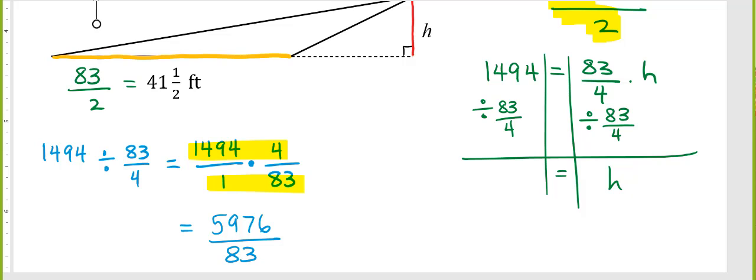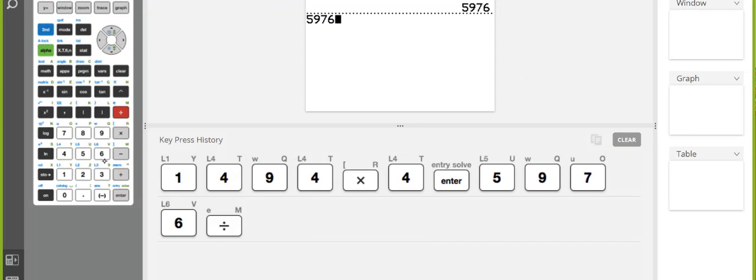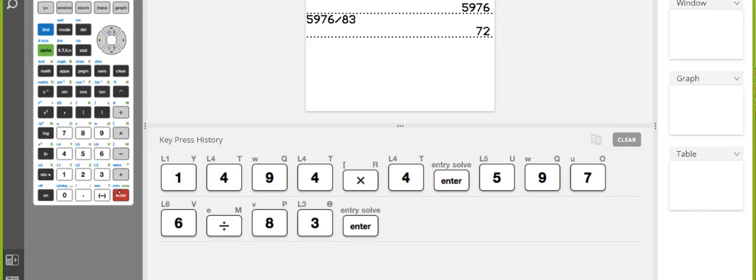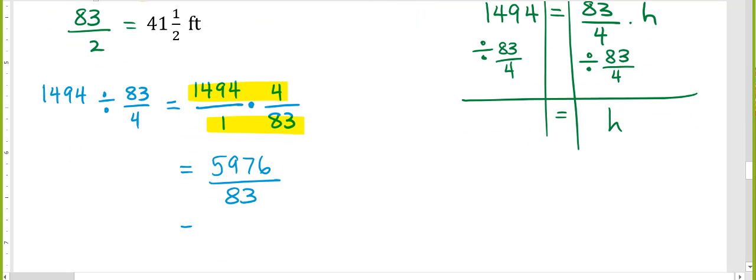So now I want to do 5,976 divided by 83. 5,976 divided by 83 is 72. So H is equal to 72.